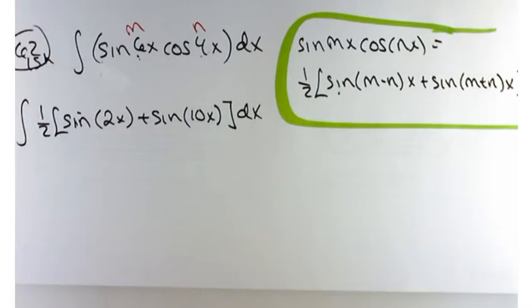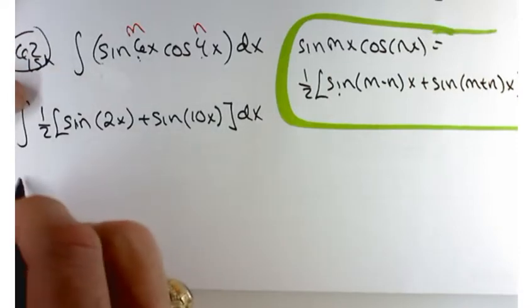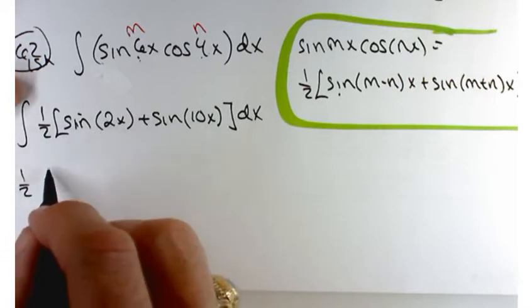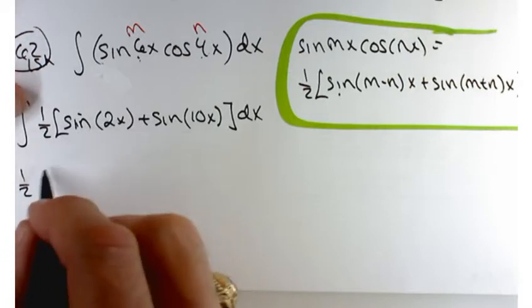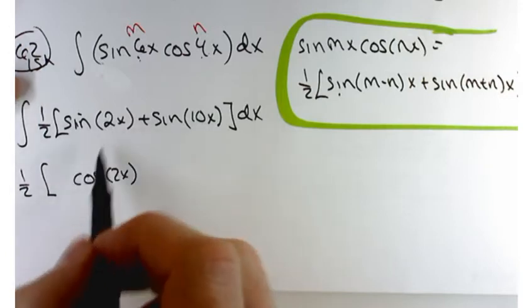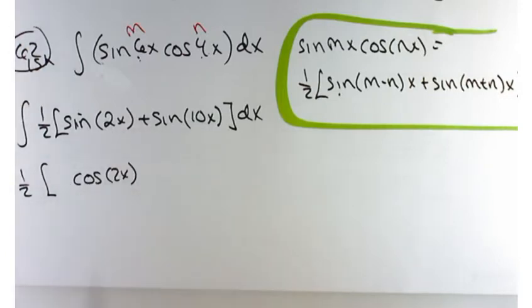That's nice because now we don't need anything fancy at all to integrate that. That's just going to be 1/2. Now when I integrate sine, I'm going to get a cosine, so a cosine of 2x. But what constant is going to come out in front?